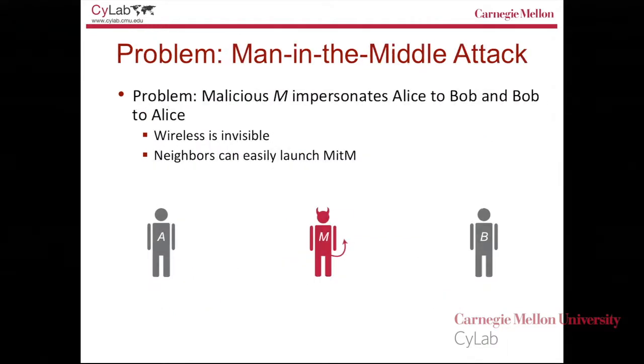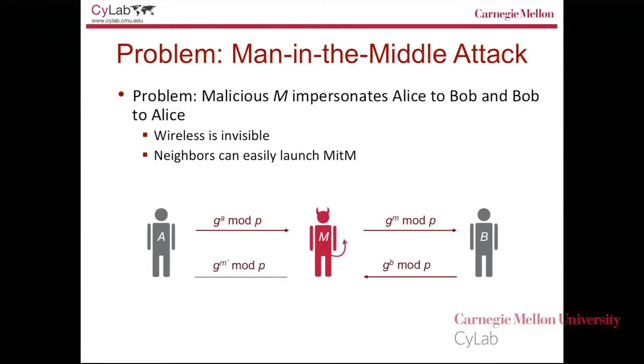So the problem is the man-in-the-middle attack. We have an attacker who has the ability to intercept and alter any of our communications, if we're on a wireless channel or even any kind of in-band channel. Wireless is invisible, and so while we broadcast a public value, we think to B, it could be intercepted by M. M could then generate its own value to share with B, and vice versa.